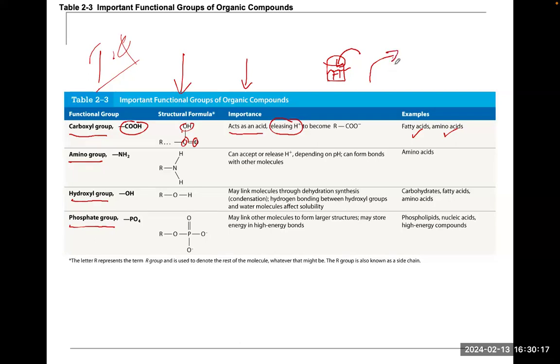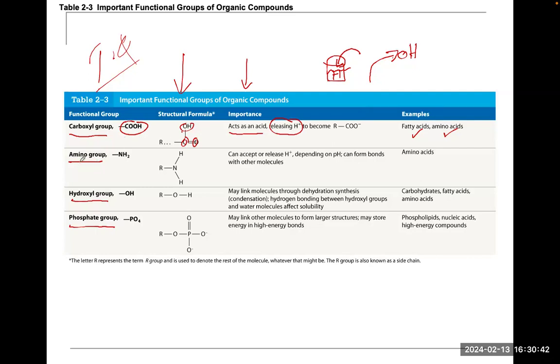When you're pulling hydrogen out, then we get hydroxide. When you add hydroxide into something, you're becoming more alkaline or basic. So it acts as an acid by releasing hydrogen. So then it becomes COO-, right? COO-, because you're losing the H. So it's becoming more negative.